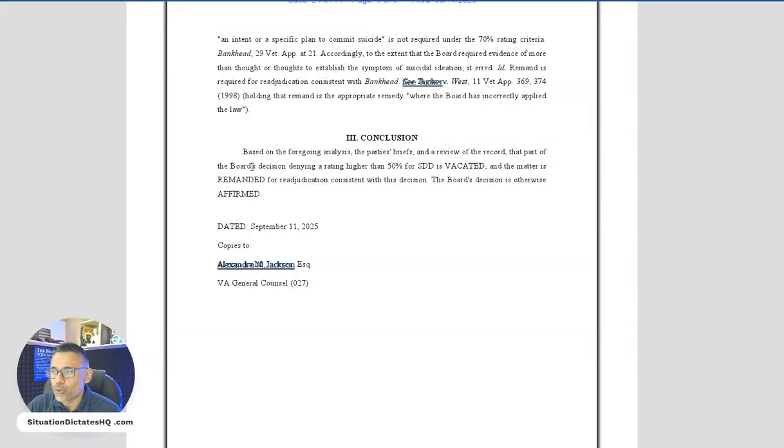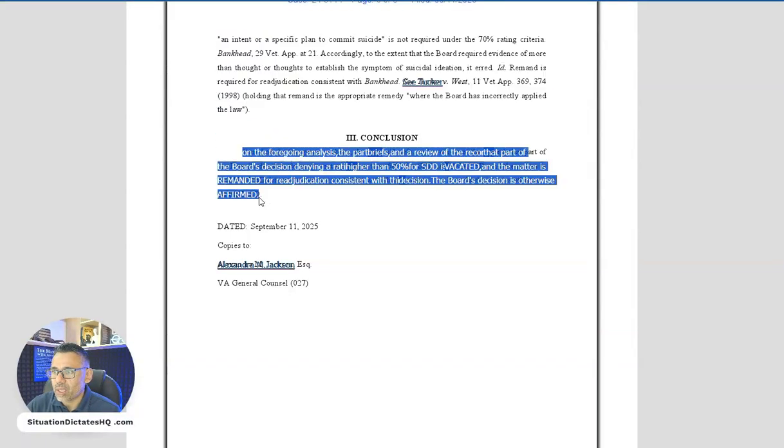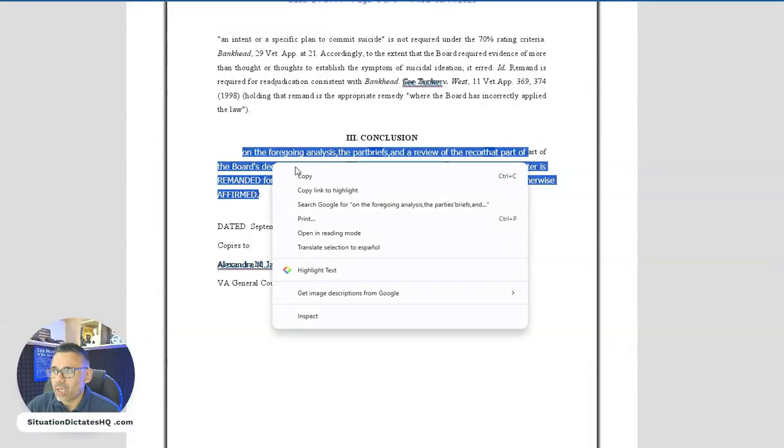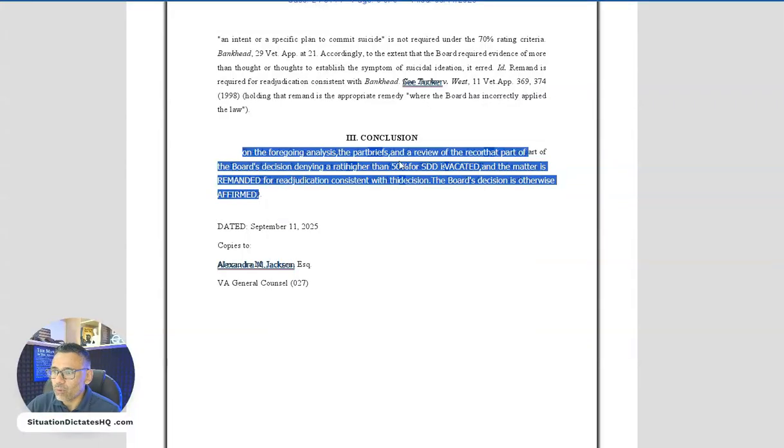So what can you do? Well, you could take this and copy it. And what I would suggest is go to ChatGPT and ask it to explain this. Now I'll give you two options. So let's take a look at those two options.